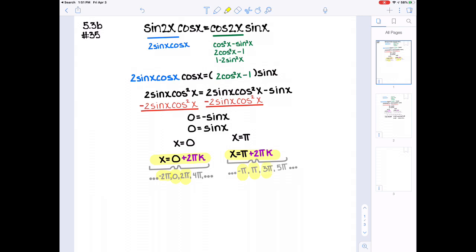And if I let k equal 2, we would have pi plus 2 pi times 2, which is 5 pi, and so on. Substituting a handful of integers for k and finding a few specific angle measures that are answers to the equation is a good way to decide if the equations could be simplified.